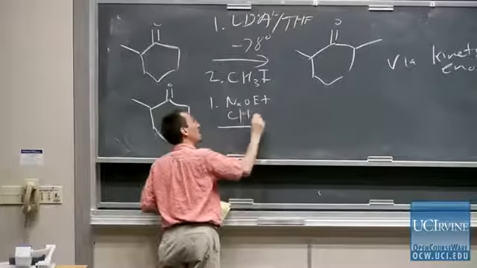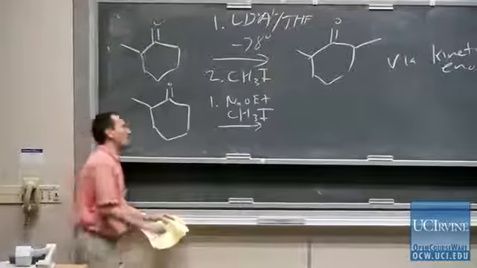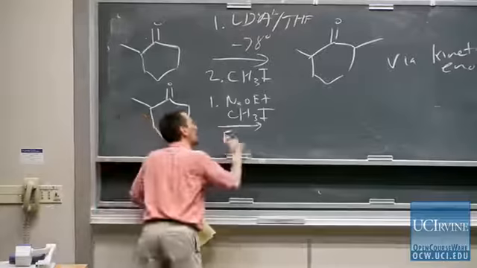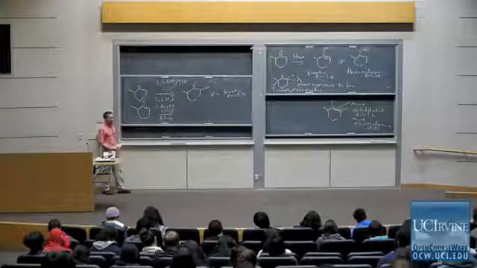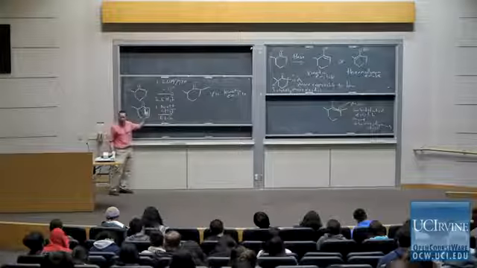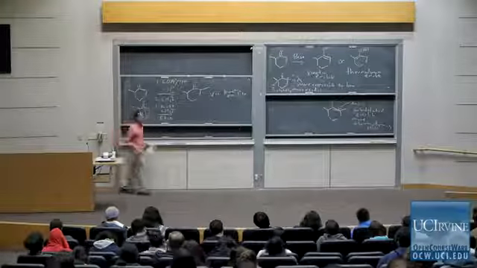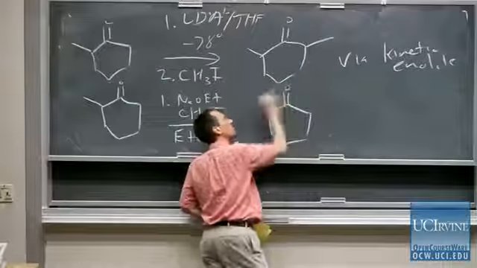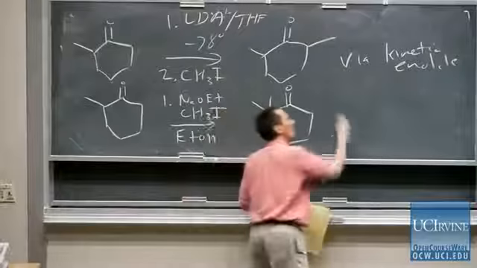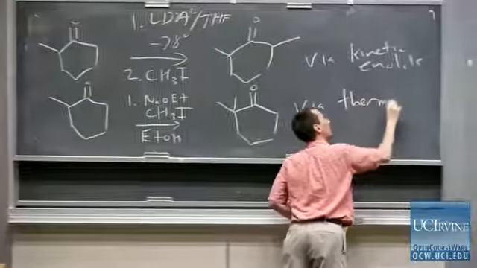And basically the way I will write this is to mix sodium ethoxide, methyl iodide in ethanol. Then, because we're under conditions where we're thermodynamically equilibrating our enolates, your predominant product, your main product, is going to be the 2,2-dimethyl cyclohexanone via the thermodynamic enolate.